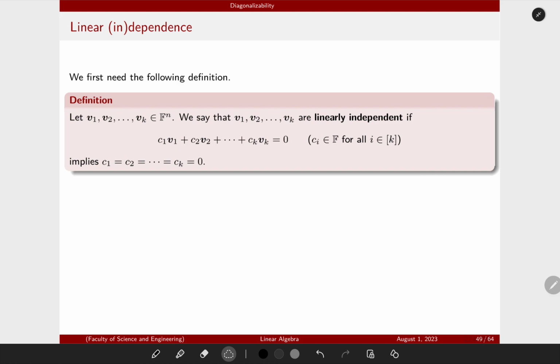So in some sense there is no way in which you can add up these vectors so that they cancel each other out, so they are independent. If this is not true, then we say that these vectors are linearly dependent.